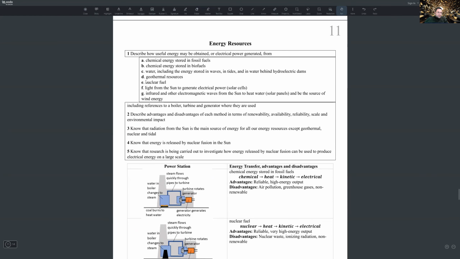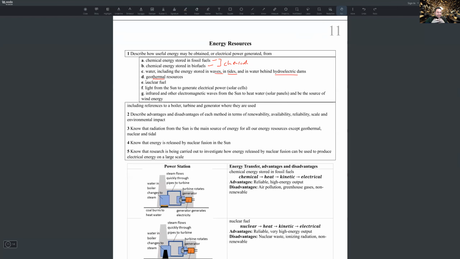First, checklist. Describe how useful energies may be obtained or electrical power generated from chemical energy stored in fossil fuels or chemical energy stored in biofuels. Both of these are chemical, and we burn them to generate heat, and that heat is used to turn a turbine and a generator. Water, including energy stored in waves, in tides, and in hydroelectric dams. Three types of water.